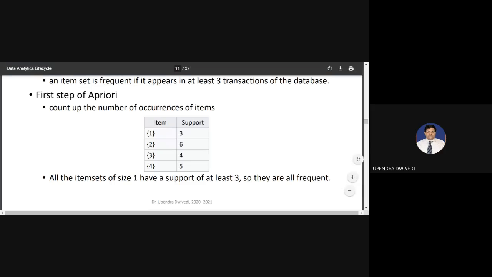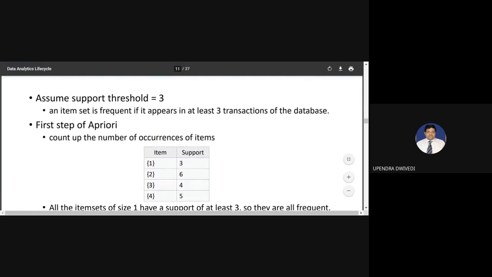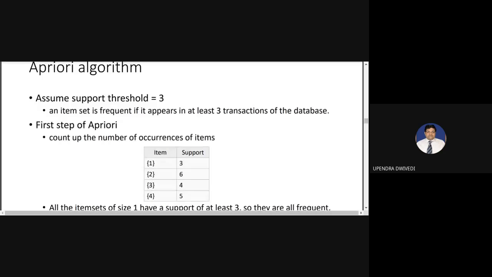We have already assumed a support threshold equal to 3. So if an item has a support greater than or equal to 3, we take that item as a frequent item.